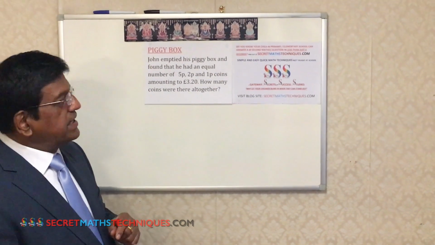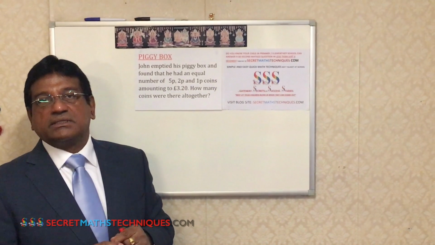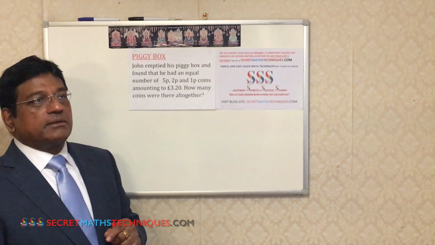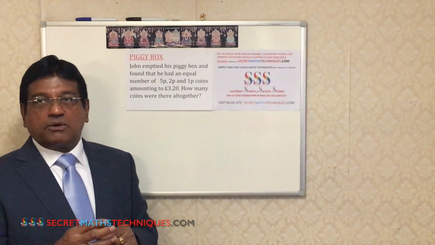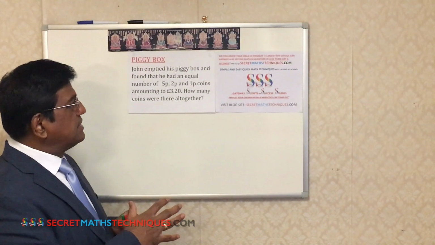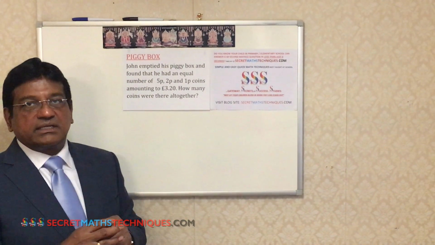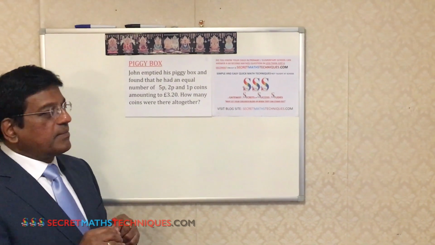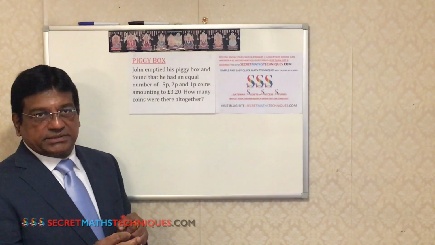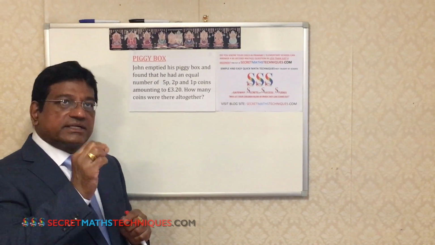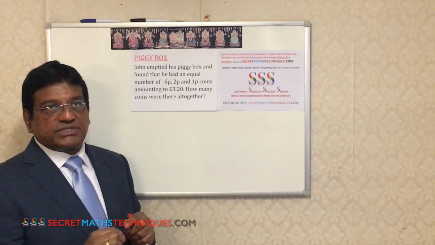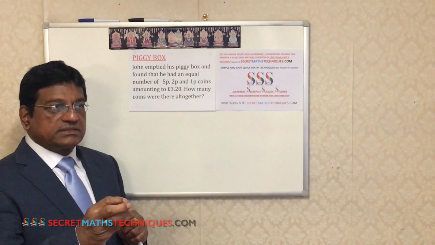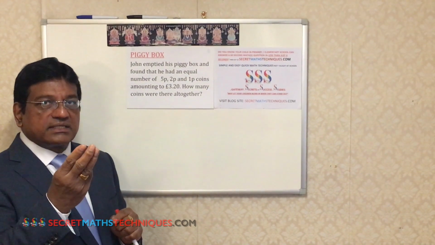Now, the problem faced by the student, also by the parent, also by the teachers, is how quickly you can make a child or student do this question and arrive at the right answer within 3 seconds.